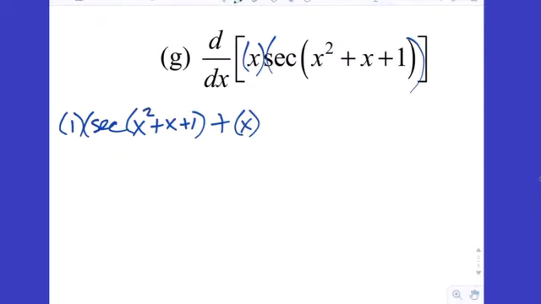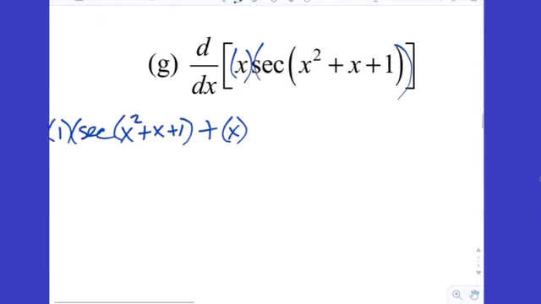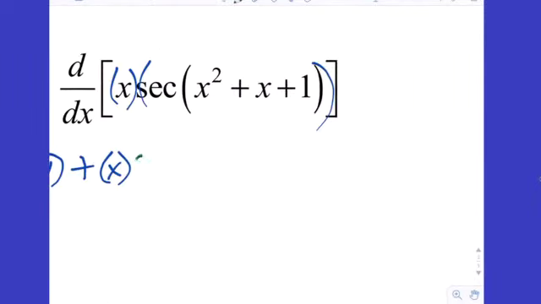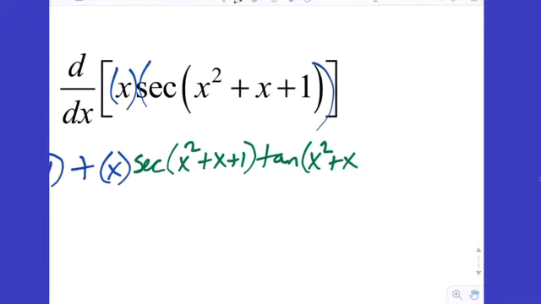What's the derivative of secant of blob? Secant blob, tangent blob. Secant blob, same blob, times tangent of blob. And now, since I said blob, I have an innermost function.